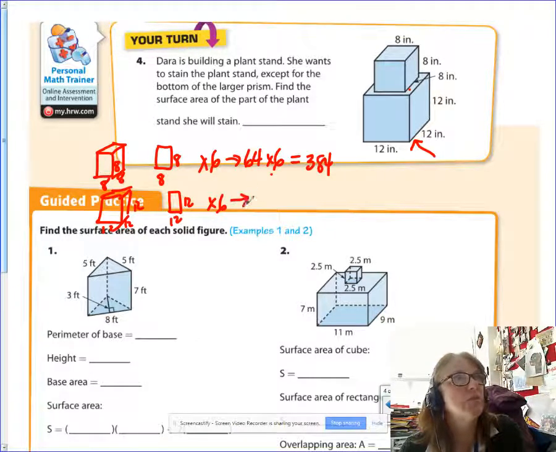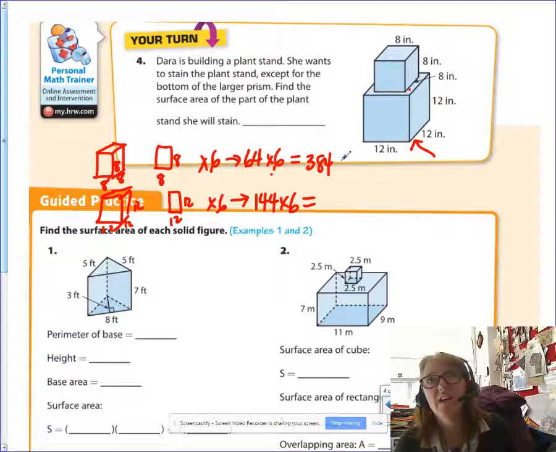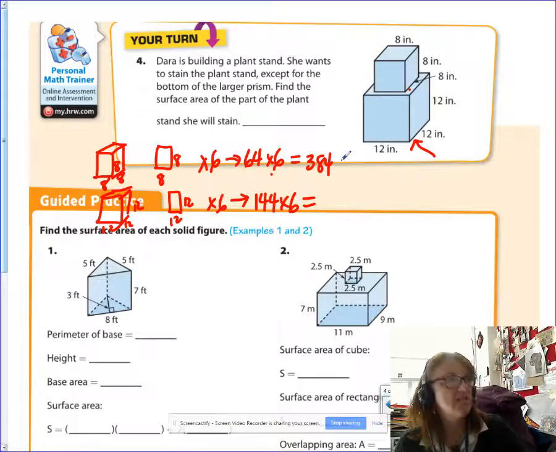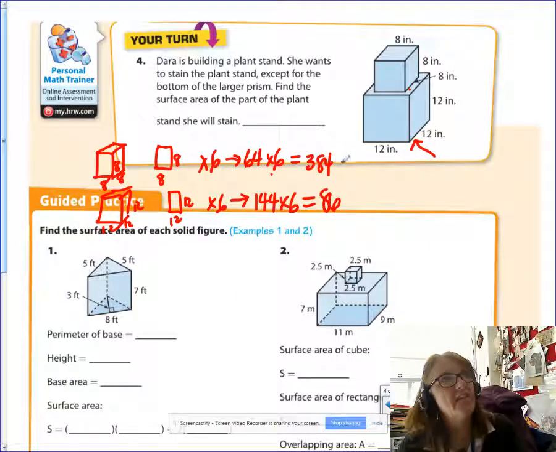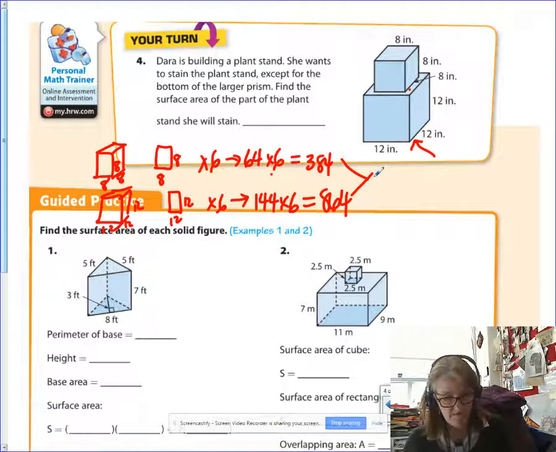That's 144 times 6. Go ahead and crank that out. And I haven't had enough coffee, so I'm doing it this way. Okay? 144 times 6. 864. All right. Now, add these two together. 864 and 384. I get 1248.